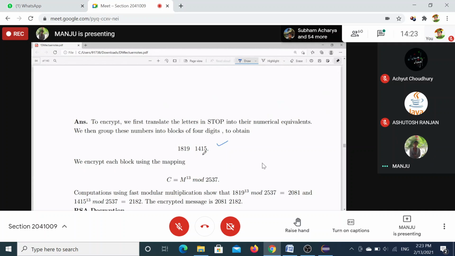For encryption, use the key: raise to power 13 modulo 2537. By modular exponentiation, the first is replaced with 2081 and the second with 2182.